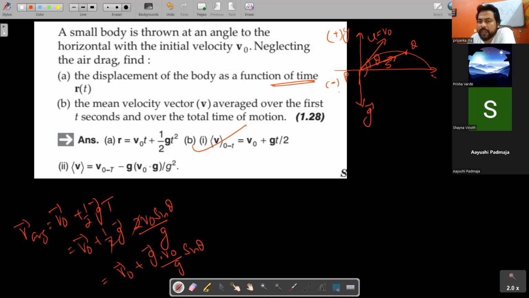What is the angle between V naught and g? That is 90 plus theta, isn't it? This angle is 90 and this is theta, right? Now this is a dot product. So V naught vector dot g would be V naught magnitude of g into cos of the angle between these two vectors, that is 90 plus theta.